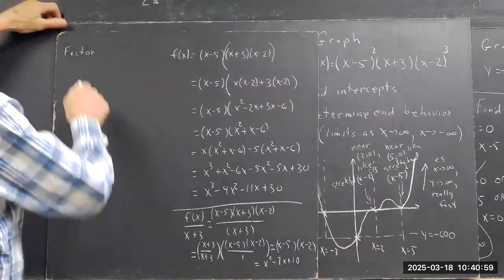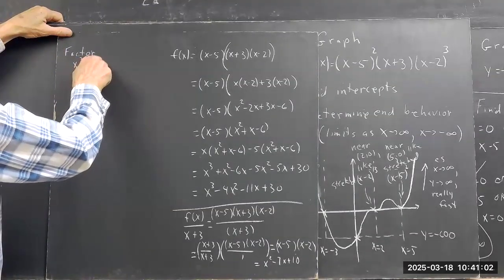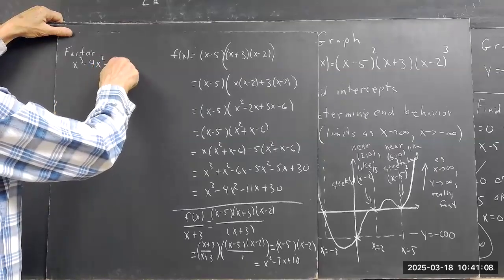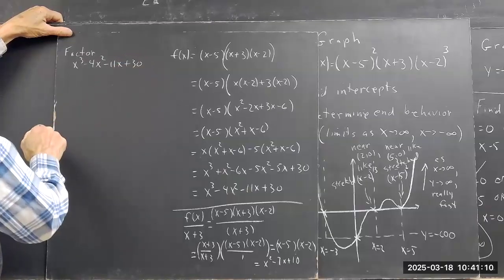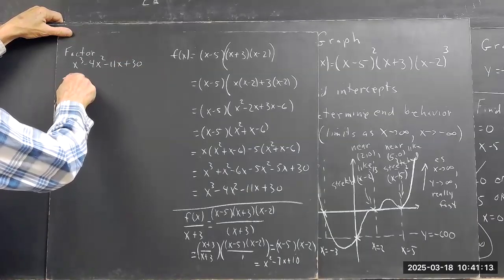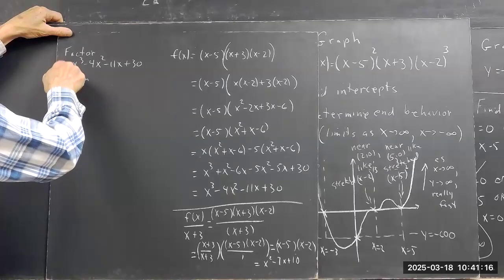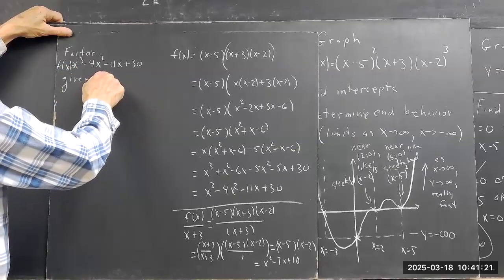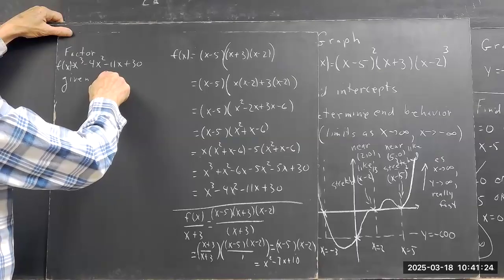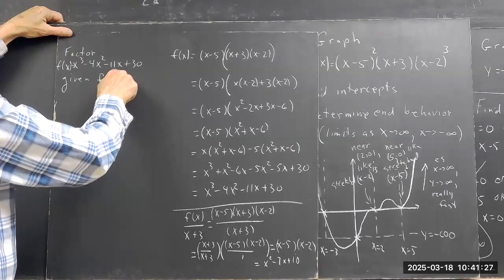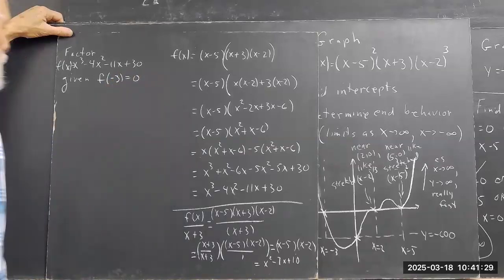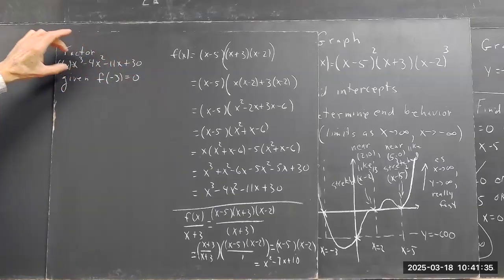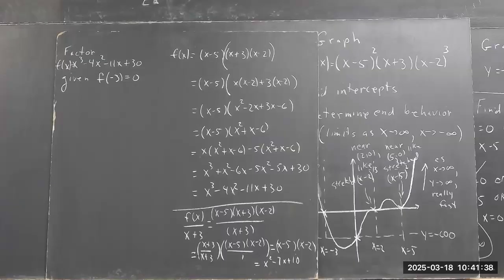Say, you want to factor x cubed minus 4x squared minus 11x plus 30, given that f of negative 3 equals 0. So here's your f of x function, and you're given that f of negative 3 equals 0.